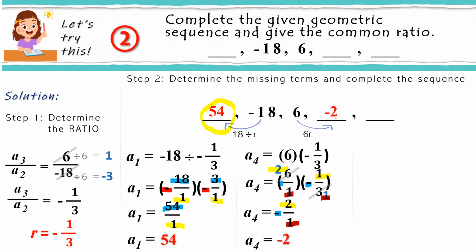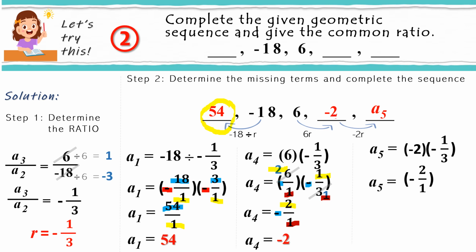Next, we have to get now a sub 5. So, ang ating fifth term ay makukuha by multiplying the previous term by the common ratio. So, a sub 5 is equal to negative 2, which is our a sub 4, times our ratio, which is negative 1/3.